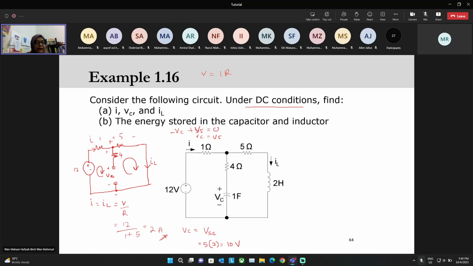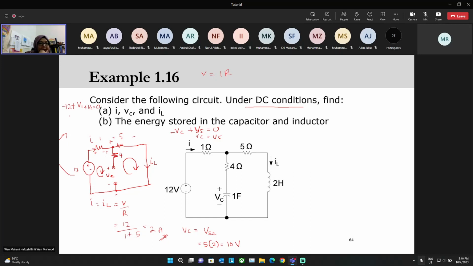Still sama juga. Ataupun you nak guna the left side of the mesh. So you punya KVL equation kat sini adalah negatif 12 tambah dengan V1 ohm tambah dengan VC sama dengan kosong. 4 ni tak ada.